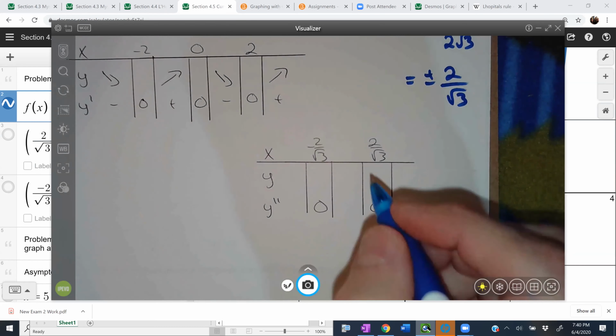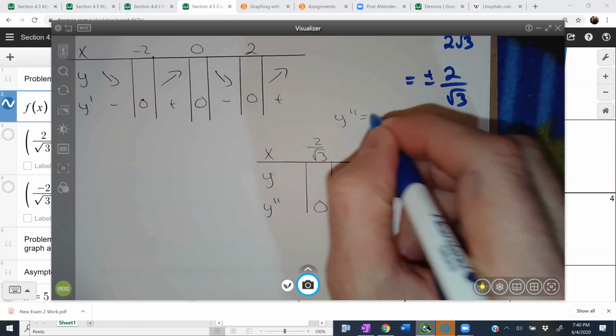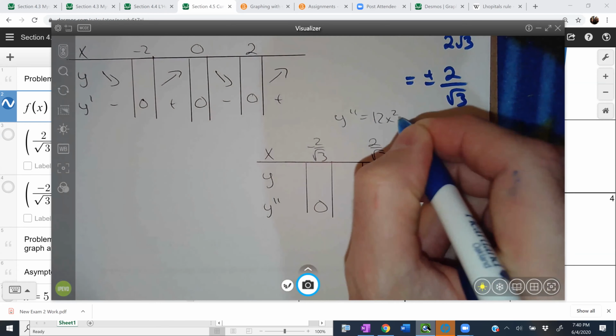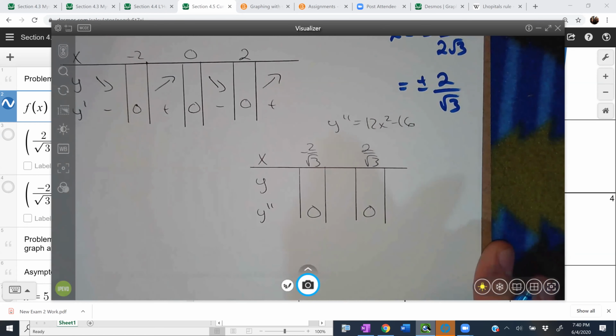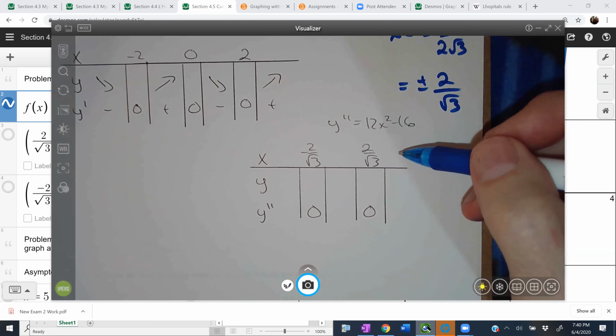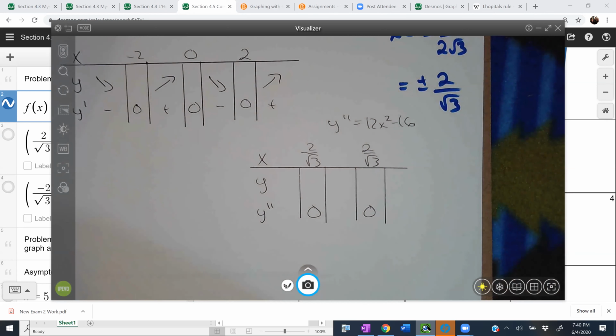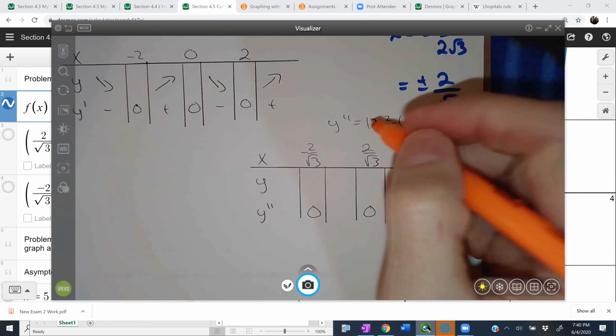Now our second derivative function, let me write it up here again, is 12x squared minus 16. So let's see if we can't test some points without necessarily taking out a graphing calculator to do that. We're going to test them up here.